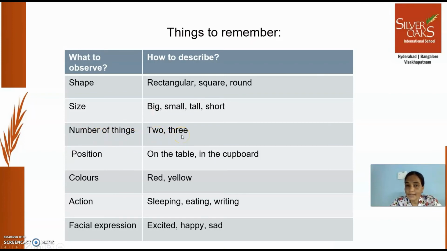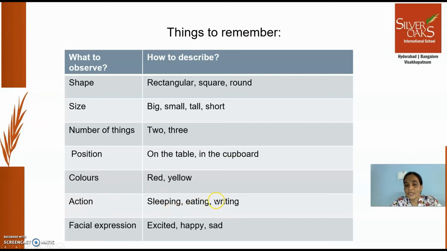How many cushions were there? Right, 2 yellow color cushions were there, and I think 2 gray cushions were also there. Position, whether it is on the table, in the cupboard, like where was the laptop? Yeah, the laptop was on the table. Colors, red, yellow. What is the color of the vegetables that you saw? Most of the vegetables, green.